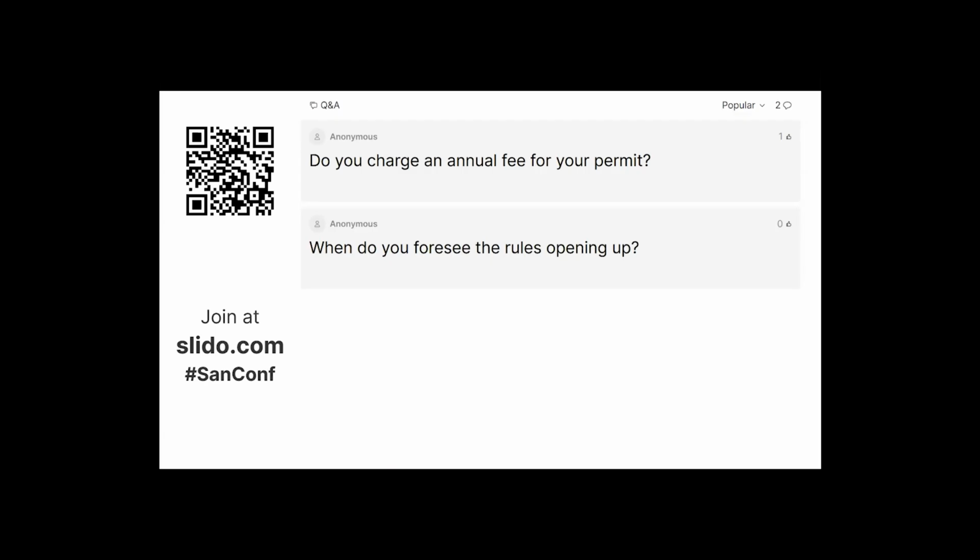Do we charge an annual fee for your permit? No, not yet. We did request an executive budget request from the governor's office to establish a fee, because if you've ever reviewed a pool construction for one of these large pools, it's a lot of engineering. Sanitation, circulation, depth, making sure it meets all of our criteria takes a substantive amount of time.